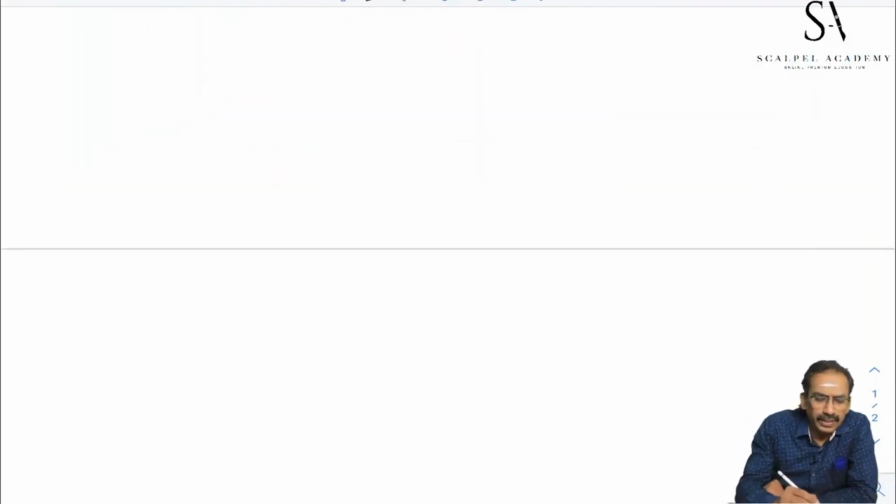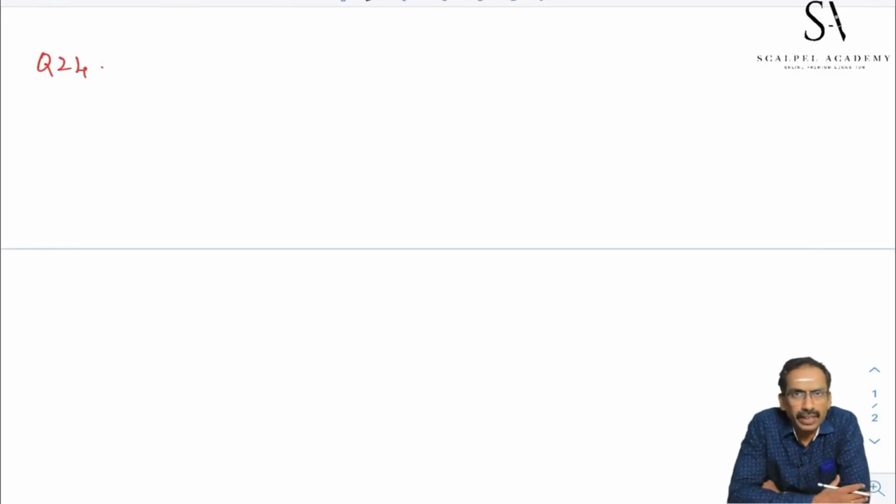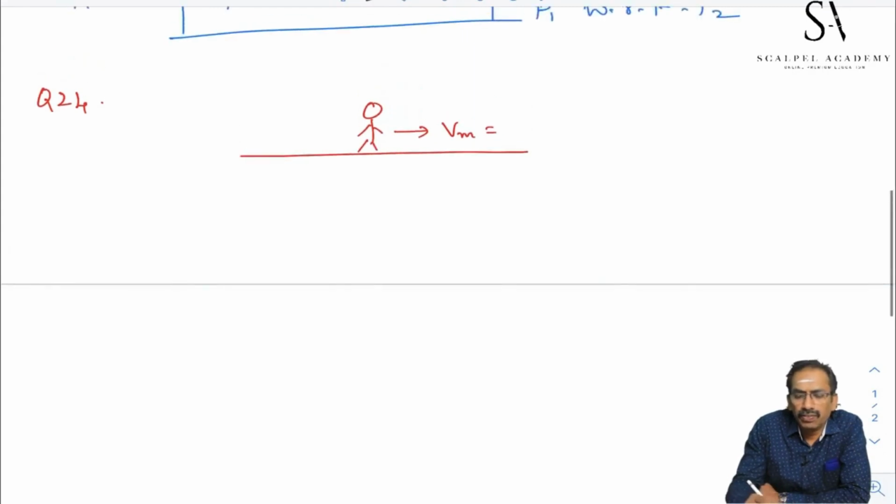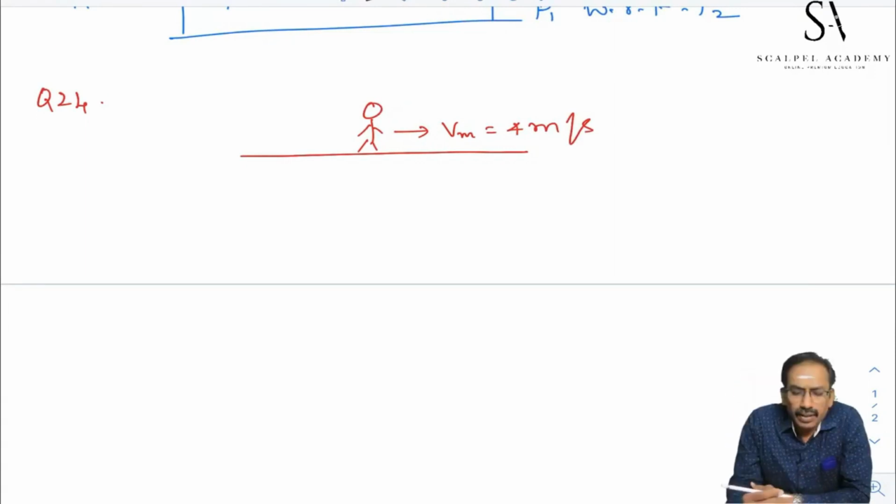Dear student, now let us learn problem number 24, based upon relative velocity. A man is walking on the horizontal road with a velocity of 4 meters per second. He is running.